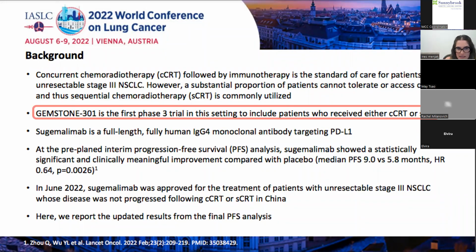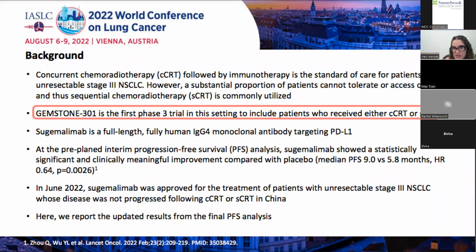This was the first study that included patients who underwent sequential chemoradiation, because as you know, in PACIFIC, only patients who underwent concurrent chemoradiation were randomized to receive durvalumab.